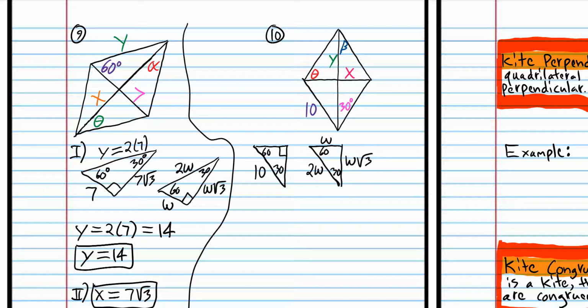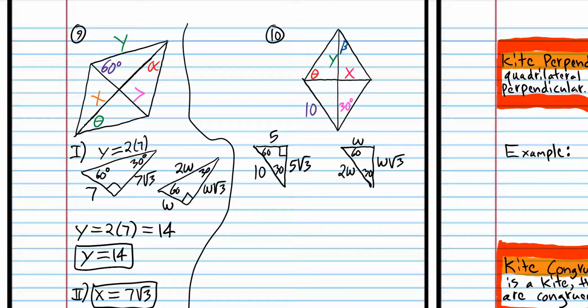So that means that this side must be 5. And obviously this side is whatever the side opposite 30 times root 3. So that's 5 root 3. And based on this information, we're going to find everything else.